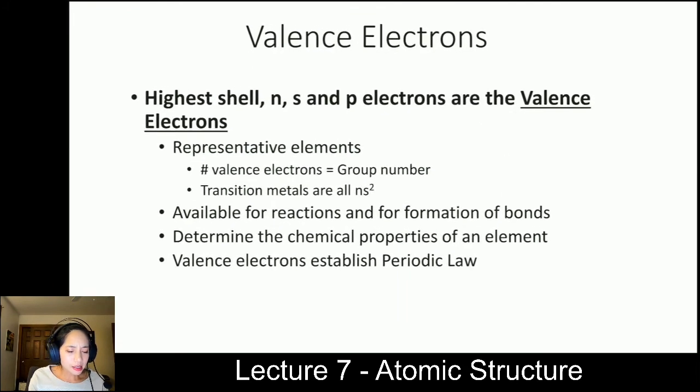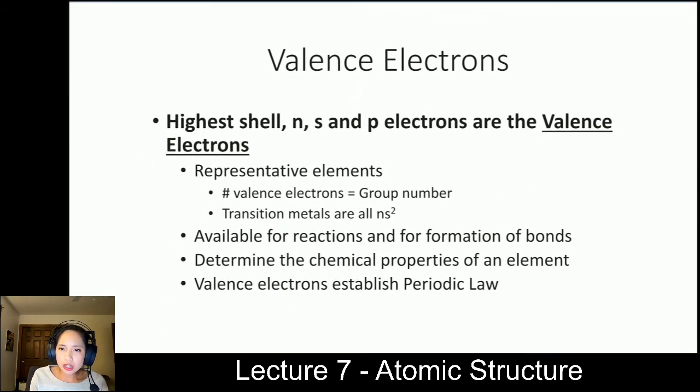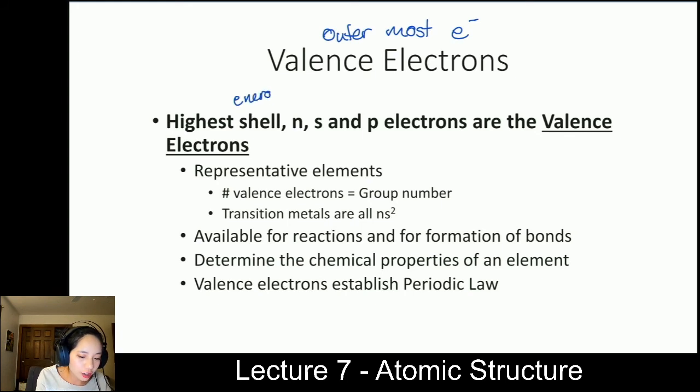So let's talk a little bit more about those outer shell electrons, valence shell electrons, so outermost electrons. So you're looking for the highest n value. So again, the highest shell or n energy level, I know I've been using all of those words interchangeably. In the highest shell, it's the sum of the S and P orbitals. Those are the valence electrons.